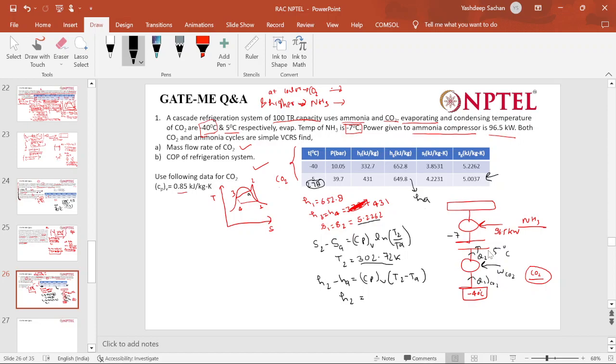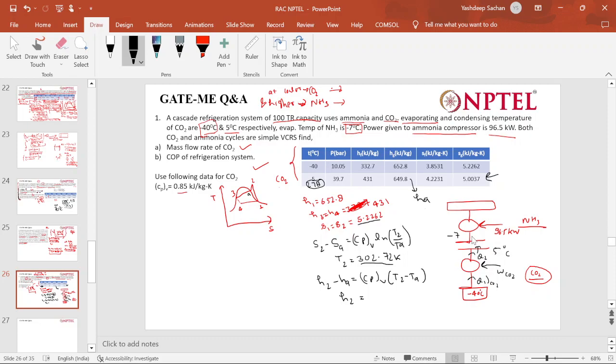So how it will happen? It should go from higher temperature to lower temperature, right? From here it is 5 degrees Celsius, here minus 7. So at minus 7 it automatically will take all heat from here, right?